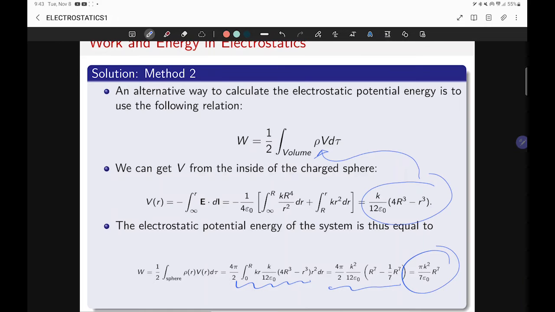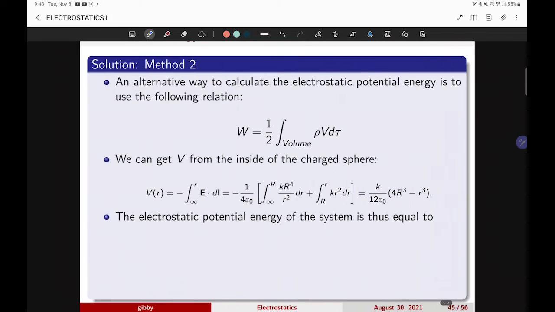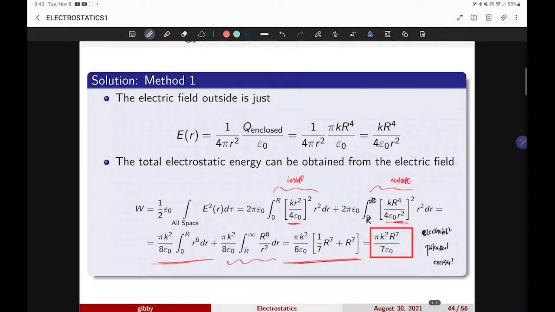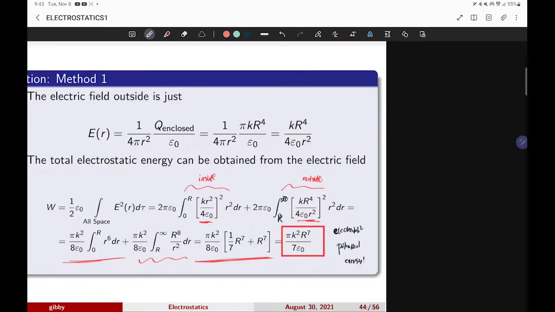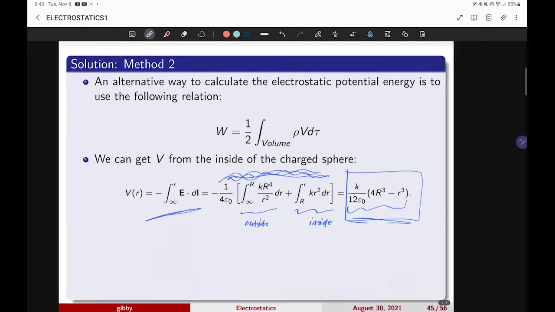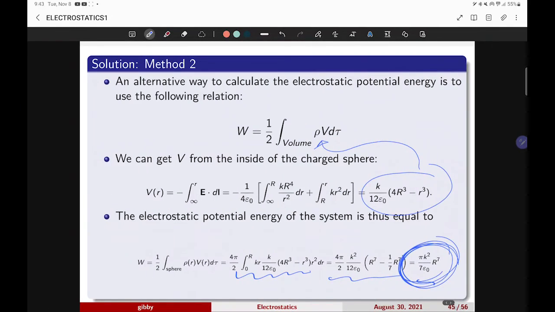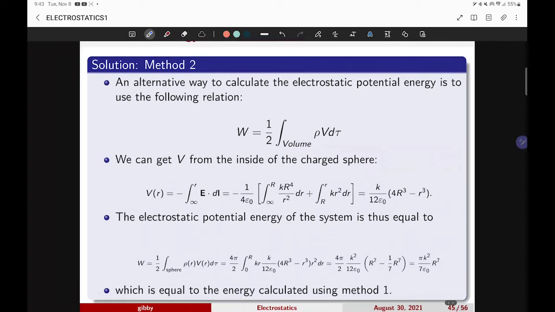So comparing this, method 2, to the result we got using method 1, it is actually one and the same, because they are the same electrostatic potential energy, just a different method of solving it. Okay, so somehow we were able to test our result, and it is correct. So it is equal to the energy calculated using method 1.